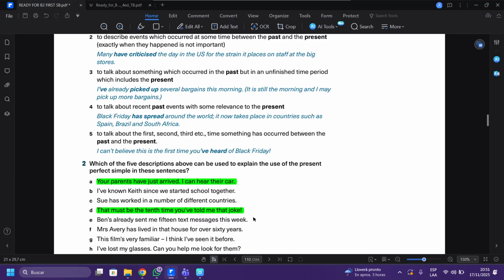Great. Letter E. Benny has already sent me 15 text messages this week. Be careful with this, with 15. It is not the description number 5, the first, the second, the third time. No. It says that he has sent you 15 messages this week.